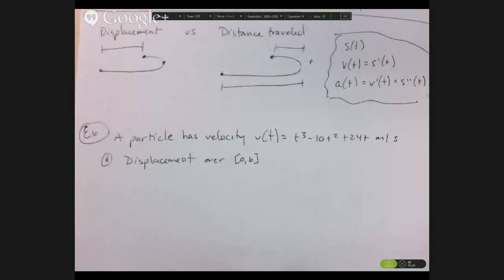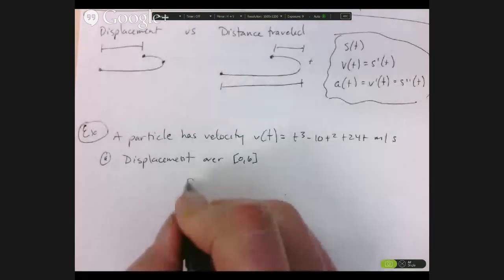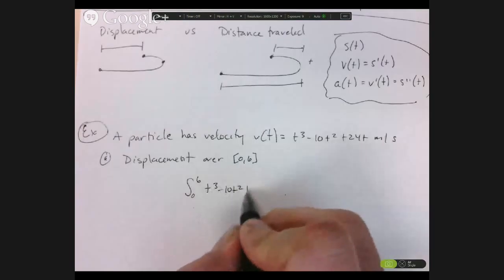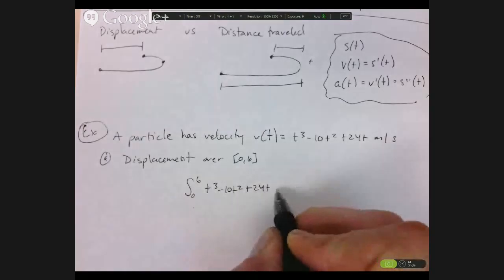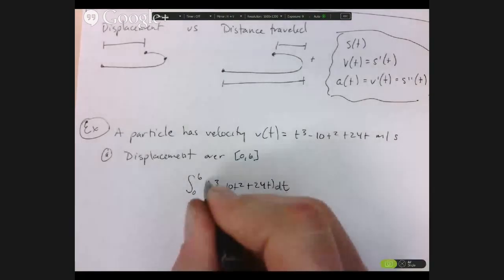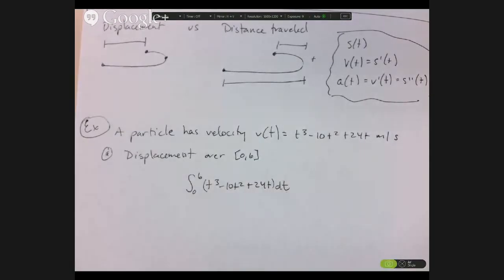So this is just the straight up integral from 0 to 6, because the integral is the signed area, correct? So it's going to take out that negative distance. It's going to account for everything, and it's going to give us the total displacement.